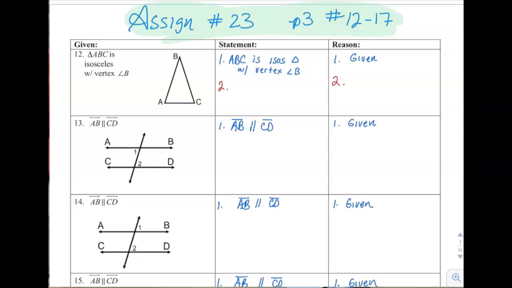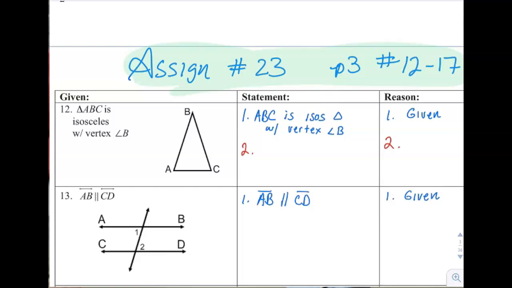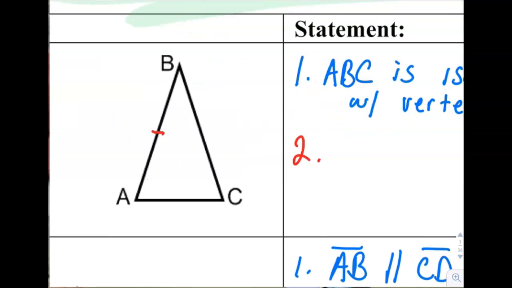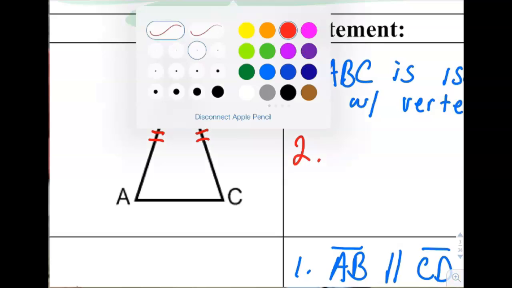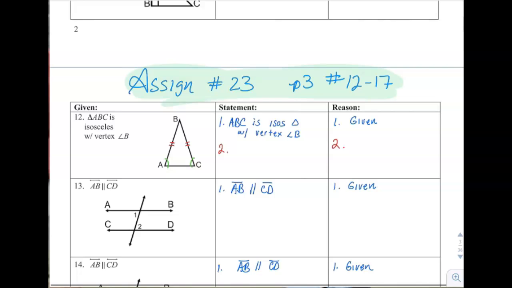One thing we know from that: if this is an isosceles triangle, we actually know two things. Isosceles triangle means that those two sides are the same. It also means that those two angles are the same. So we can say that AB is congruent to CB, which are these two sides, because isosceles implies congruent sides.